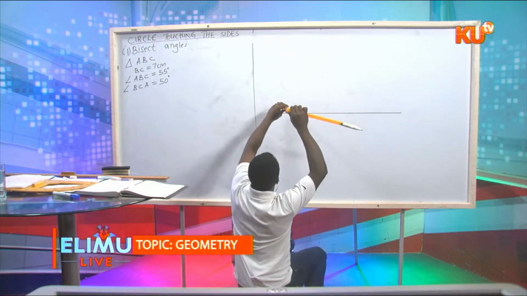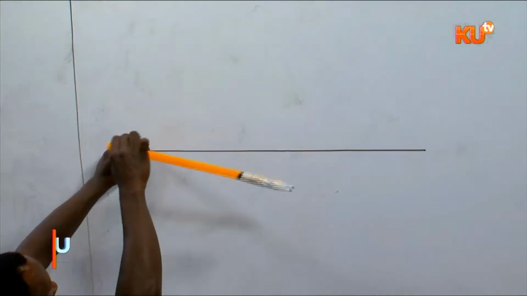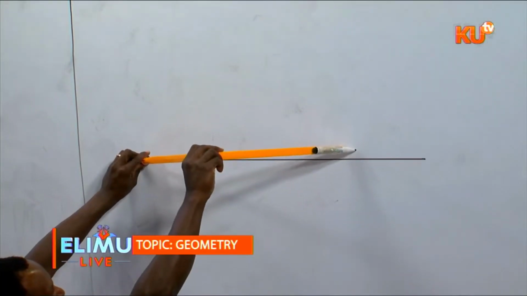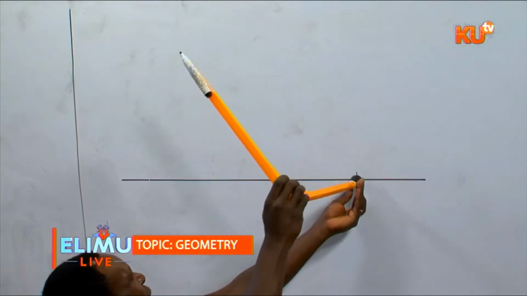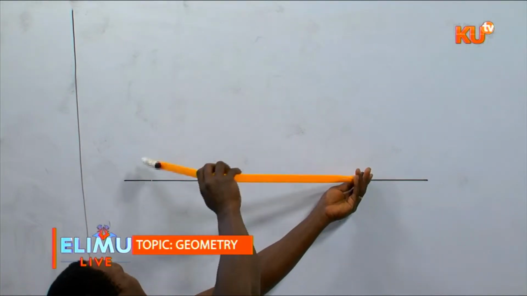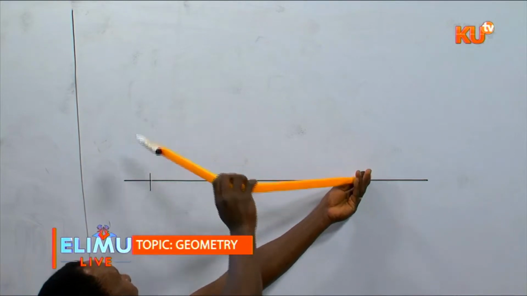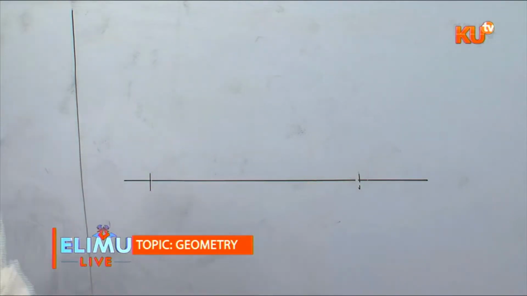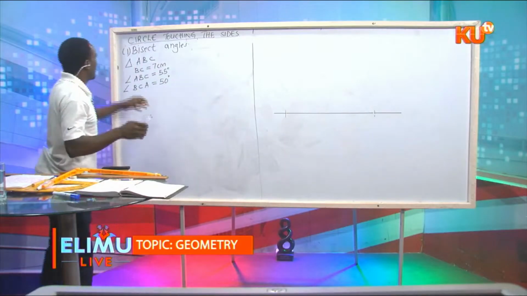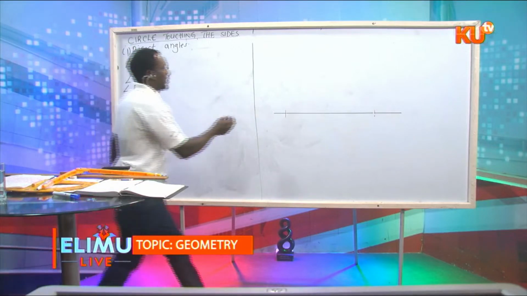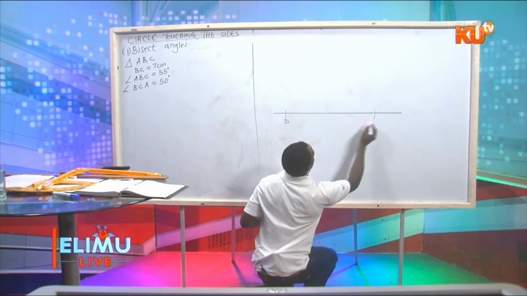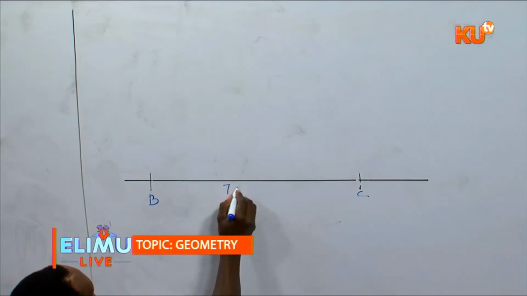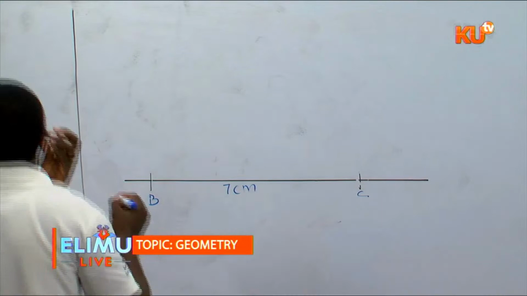Then place your compass there. Put an arc. Then go there. Put an arc there. Then you call those points B and C. So BC, which is 7 centimeters.